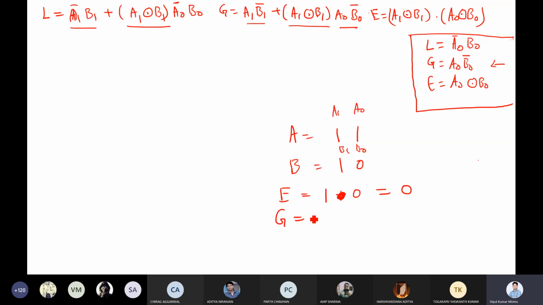Now let's look into the greater than. First it will check A1 dot B1 bar, this will give 0, plus A1 XNOR B1, which will be 1, dot A0 B0 bar, which will also be 1, so finally you will get answer 1. Now let's check less than.